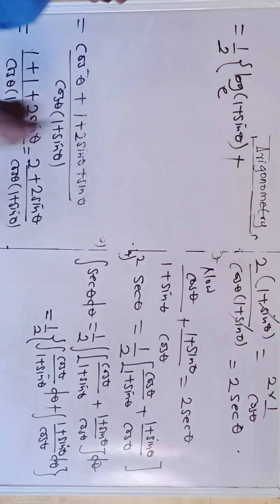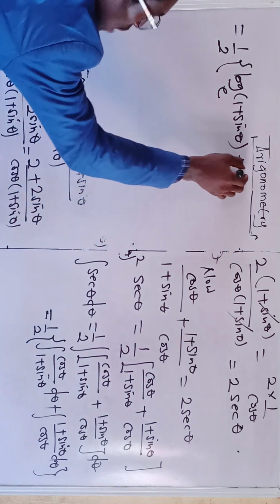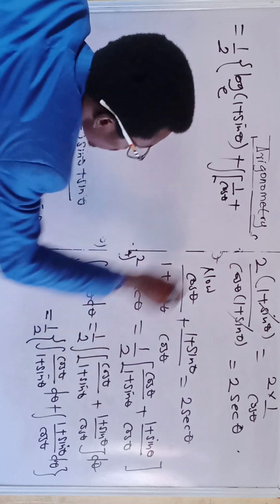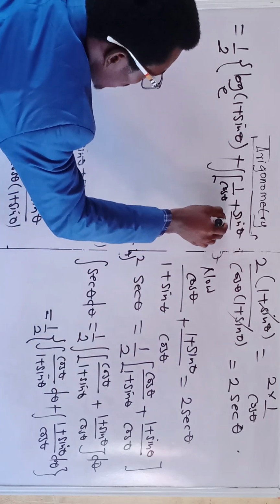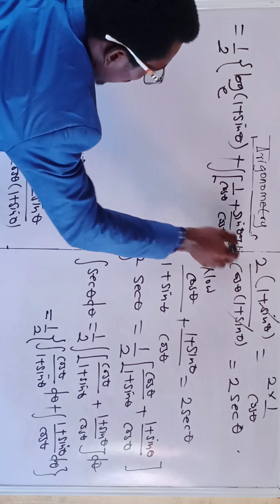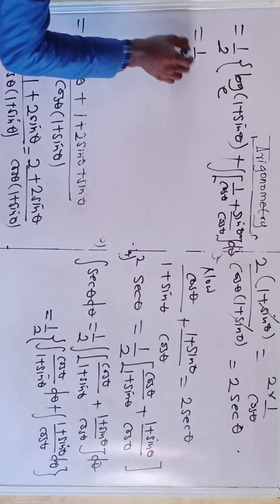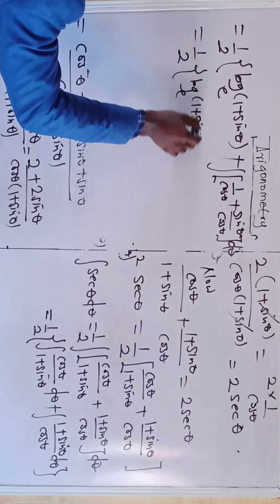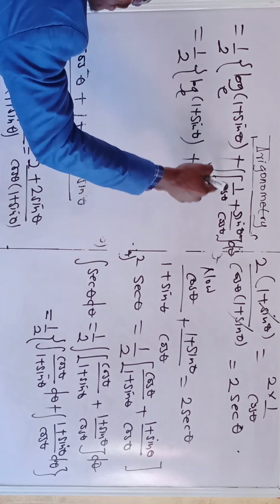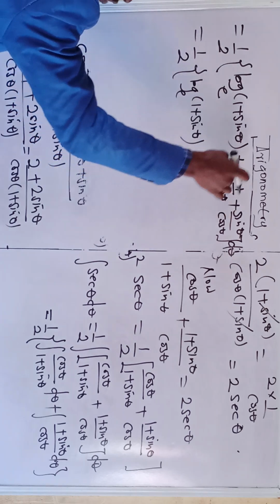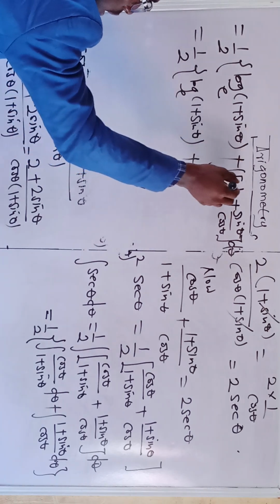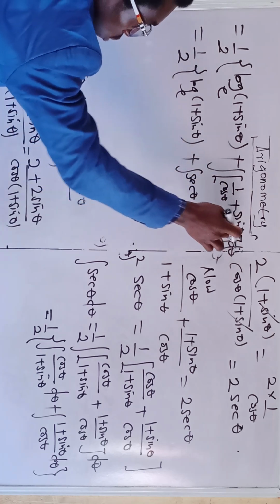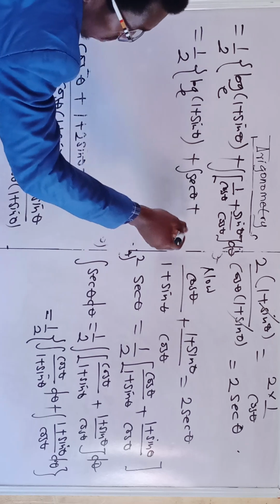Then plus, now this expression can be written as 1 over cosine of theta plus sine of theta over cosine of theta, with respect to theta. Can you see that? Now, this can be written as half log to the base e of 1 plus sine of theta plus, using the linearity property of integration, the integral of 1 over cosine, which is secant of theta, plus the sine over cosine, which will give us a tan, right?